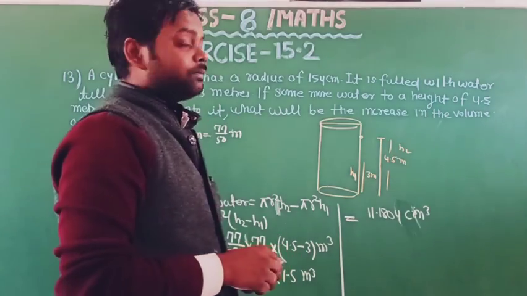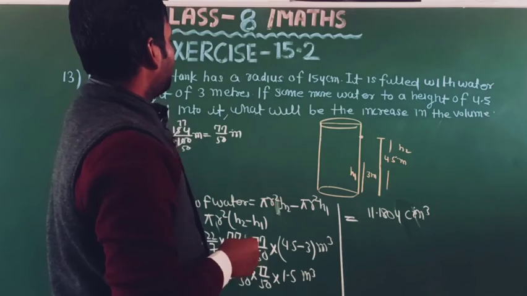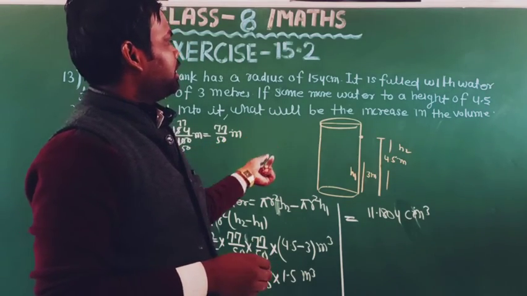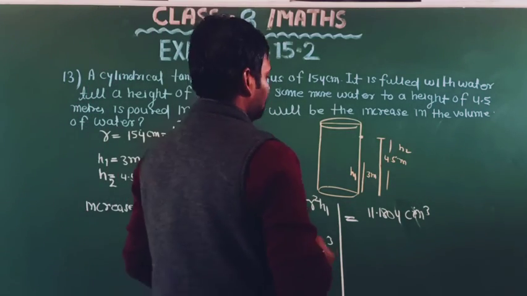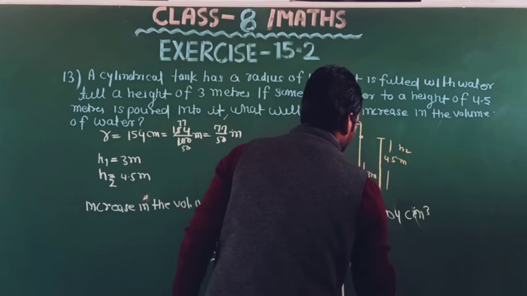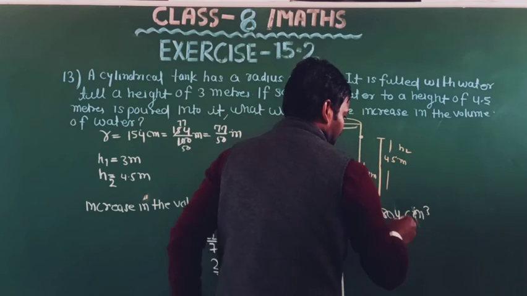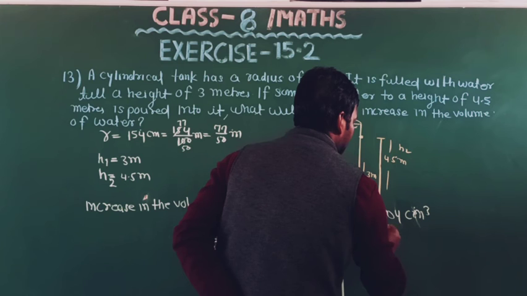And here we have to find the increase in the volume of water in liter, so we need to multiply by 1000.